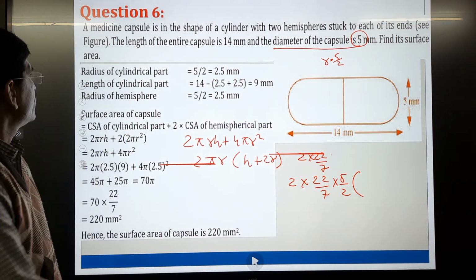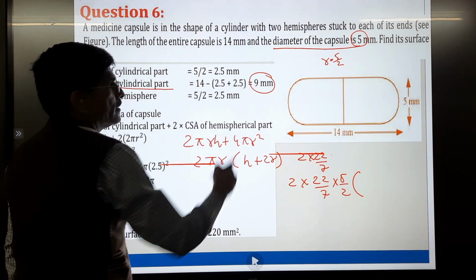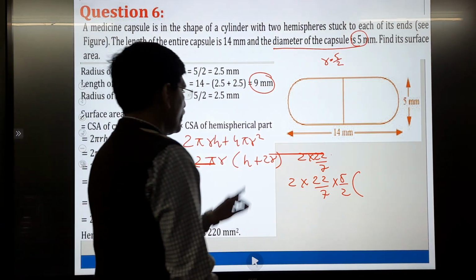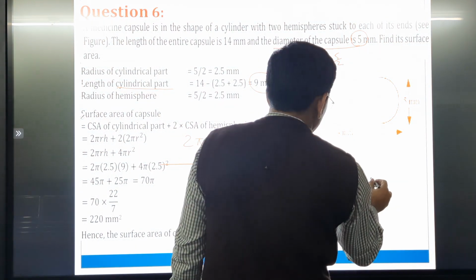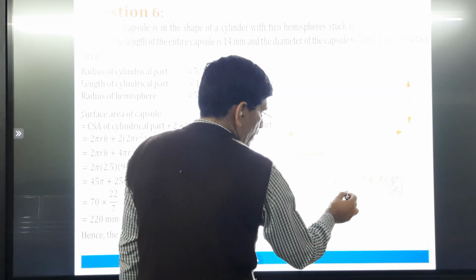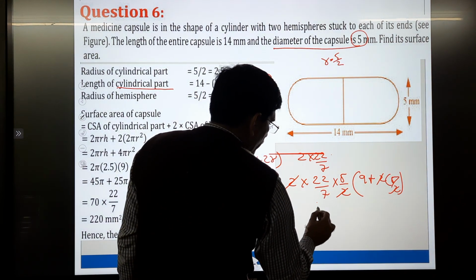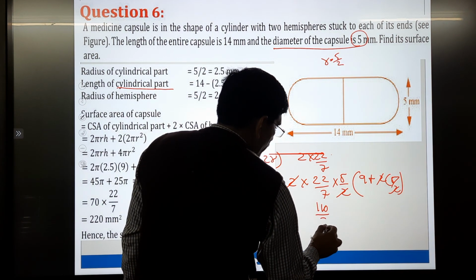So what is h? The length of the cylinder, that is 9. So h is 9, plus 2 into r, that is 5 by 2. These two cut. Here 2 cuts. So 110 by 7.